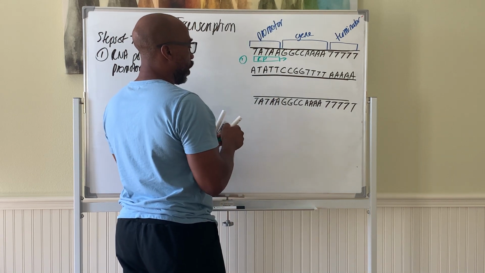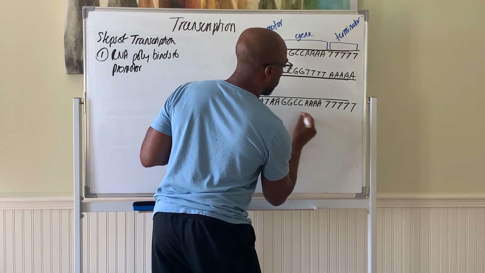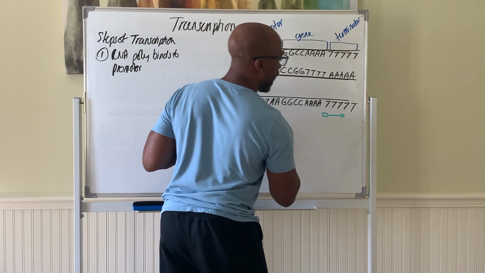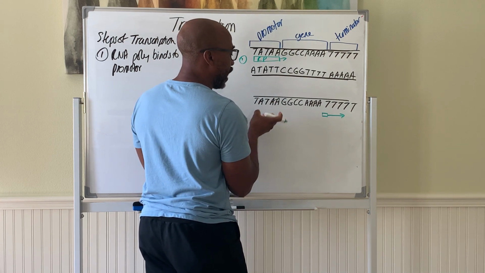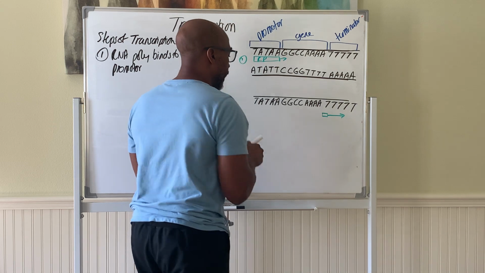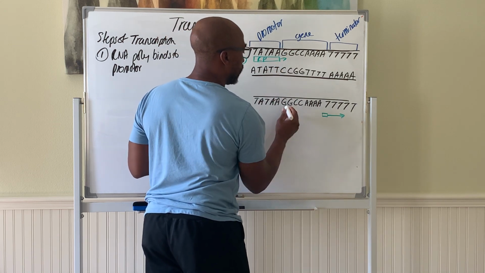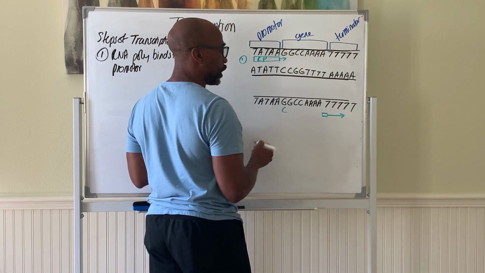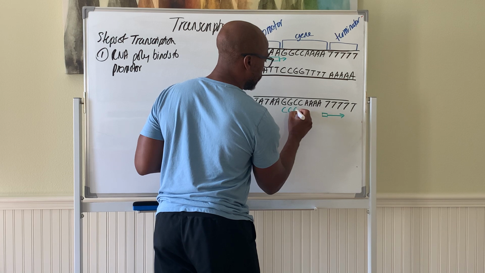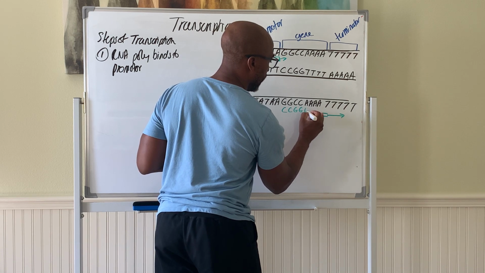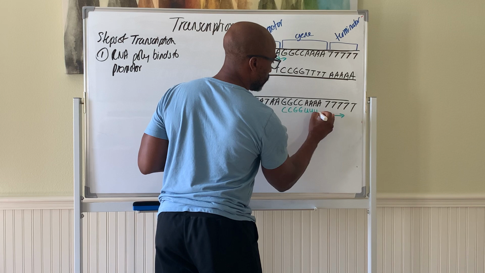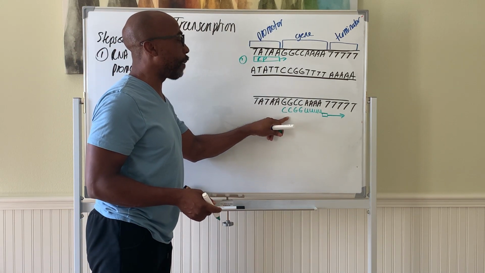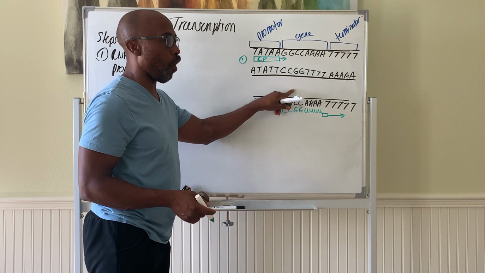The RNA polymerase will move along, and as it moves along, right behind it, it will copy the DNA into RNA. So here you get a C, a cytosine RNA nucleotide, a C, a G, and a U. That becomes the RNA that's copied from the gene part of the DNA.